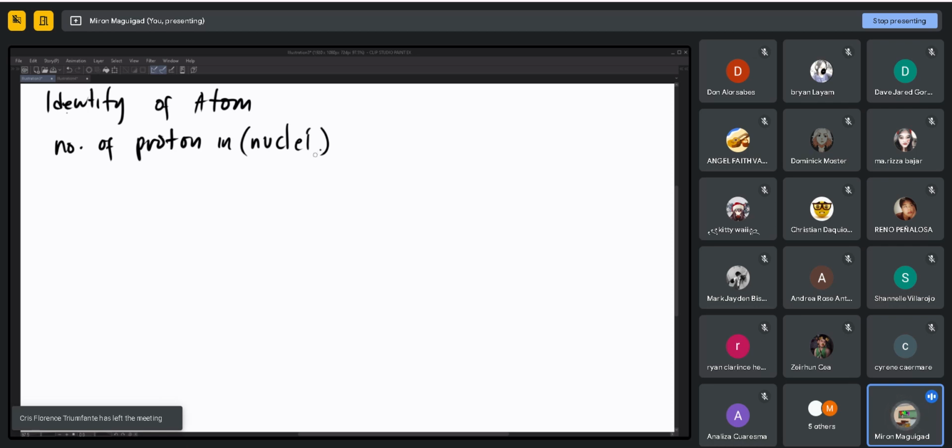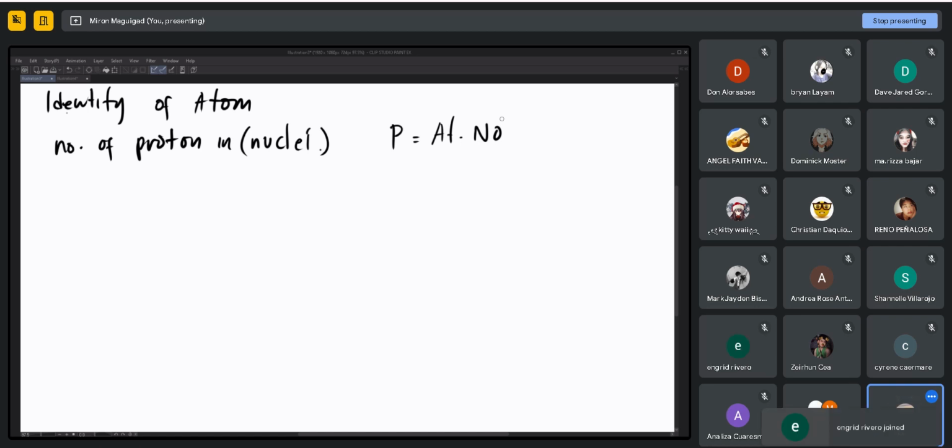This number that is unique to a given element is called atomic number. P is equal to atomic number. This only indicates that no two elements have the same atomic number and the same number of protons in the nuclei of their atoms. So the atomic number is the identity number of an element.